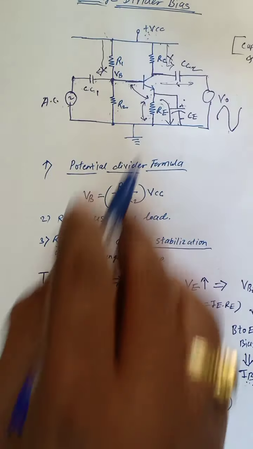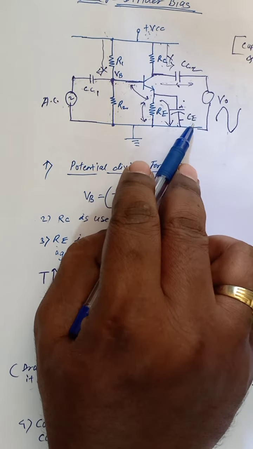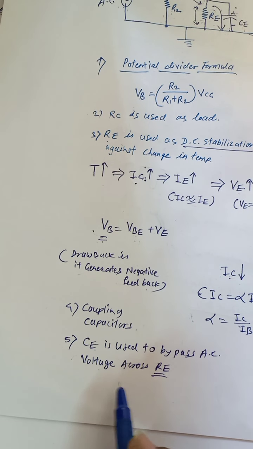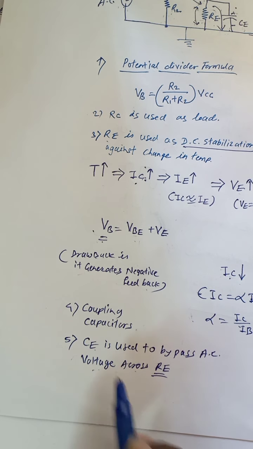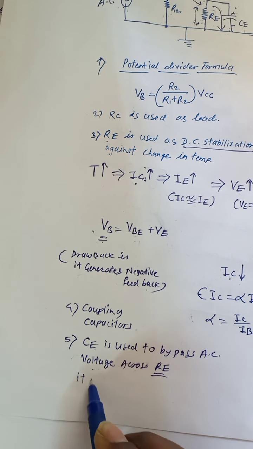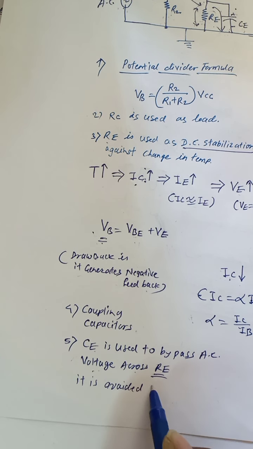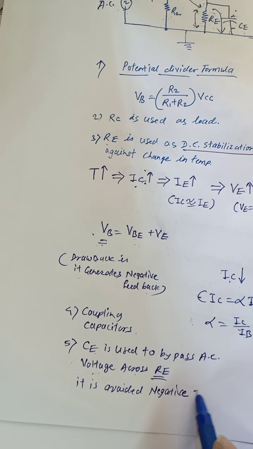So that's why this AC voltage is bypassed by this CE, and it will avoid the negative feedback. CE is used to bypass AC voltage across RE, and it avoids negative feedback.